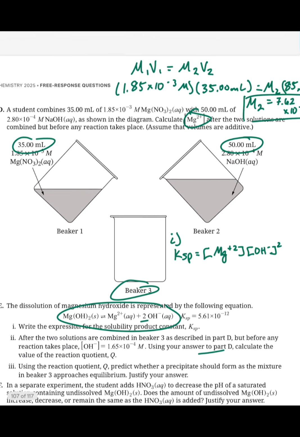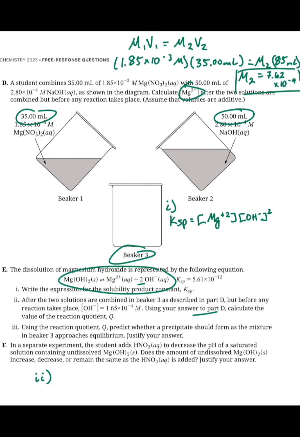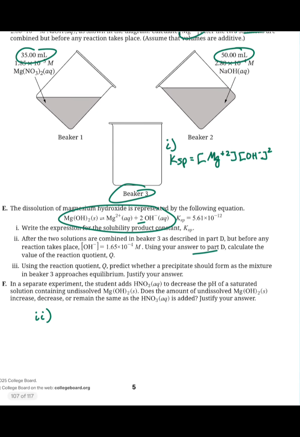We have that molarity. So the molarity of the magnesium is going to be 7.62 times 10 to the negative 4. So then QSP is equal to 7.62 times 10 to the negative 4, multiplied by now our concentration of the hydroxide, which is going to be 1.65 times 10 to the negative 4, and then we square that, and that is going to give us our QSP value.